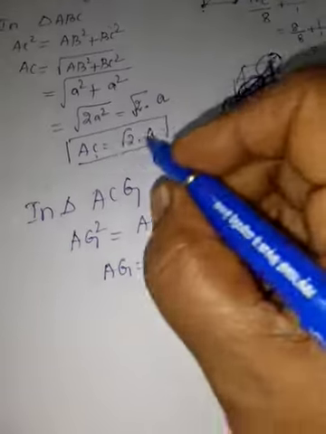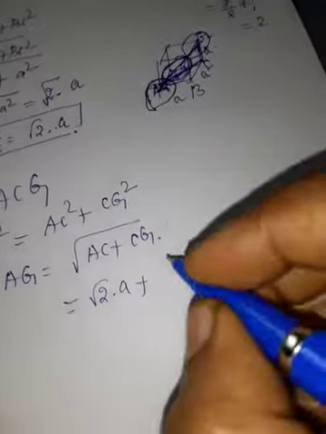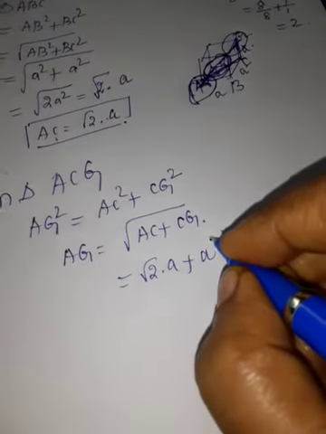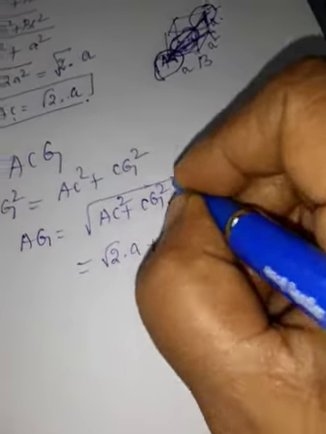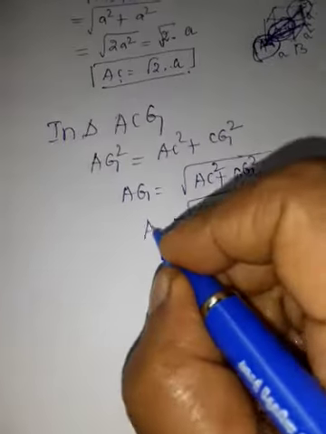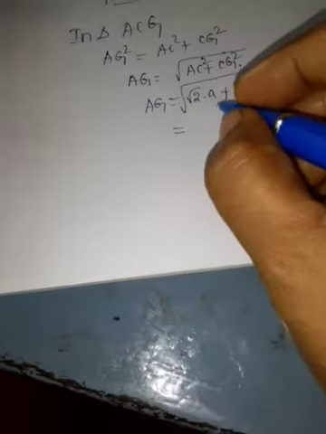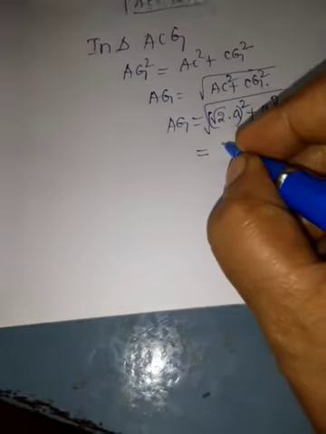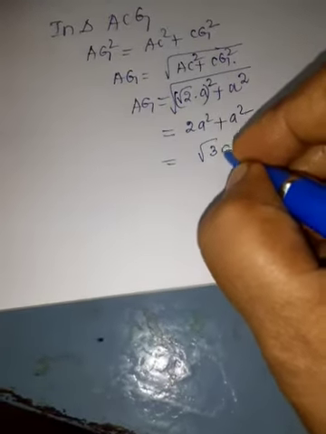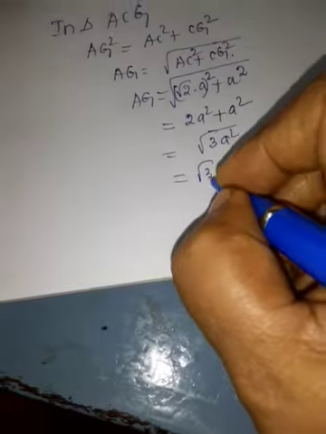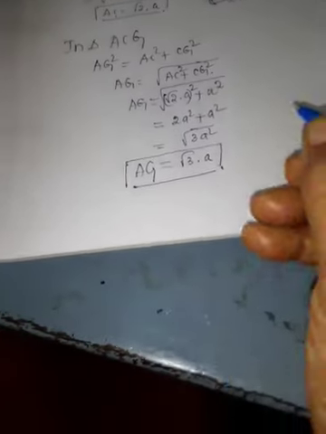AC value we already got, root 2 into a, plus CG value a, whole square, that is 2a square plus a square equals 3a square, that is equal to root 3 into a. AG is equal to root 3 into a.